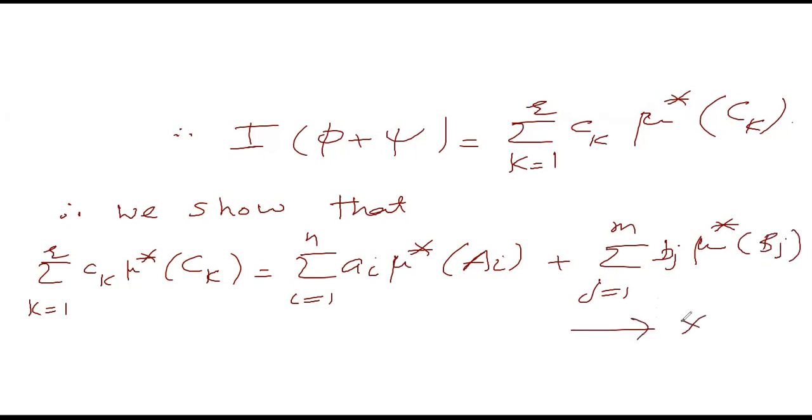Let me write this as star. So this we have to prove actually: the integral of phi plus psi is equal to the integral of phi plus the integral of psi.